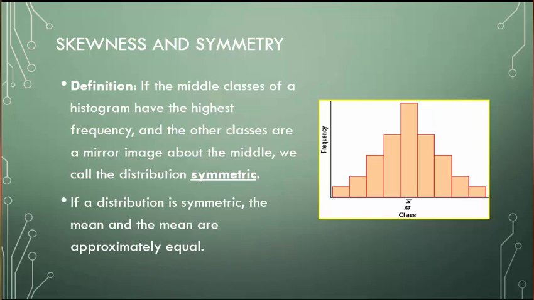So in the case of a symmetric distribution, the mean and the median are approximately equal. Notice here I wrote x bar and m. So in the case of a symmetric distribution, the mean and the median will always be approximately equal.